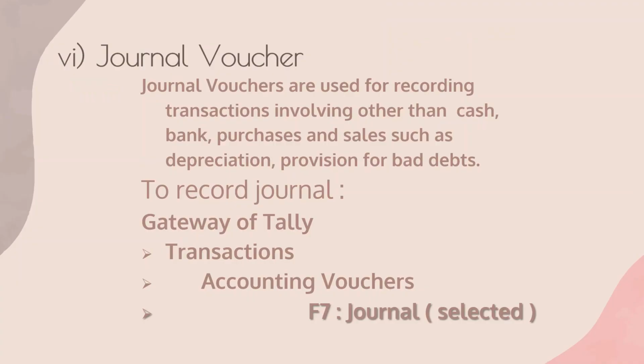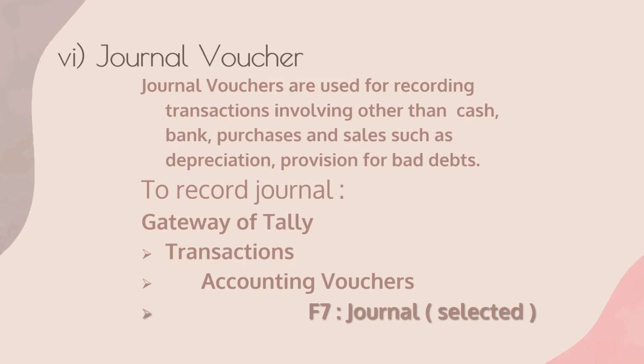Now the journal voucher. For the journal voucher, other than the predefined vouchers we have seen, anything else, such as depreciation, provision for bad debts, all those things you can write in this. You can use this journal voucher.